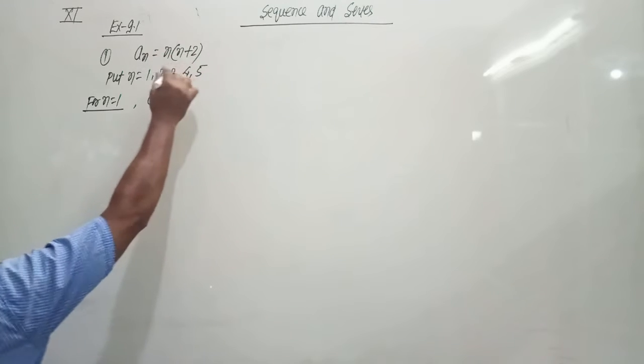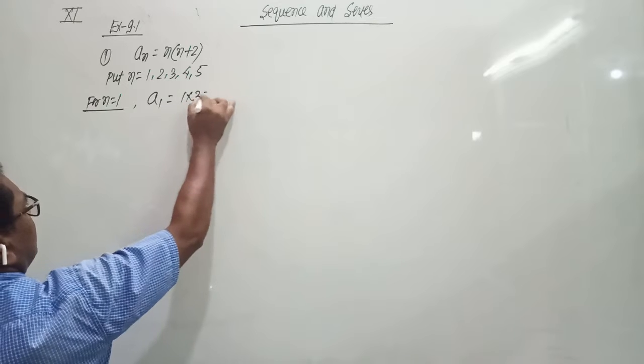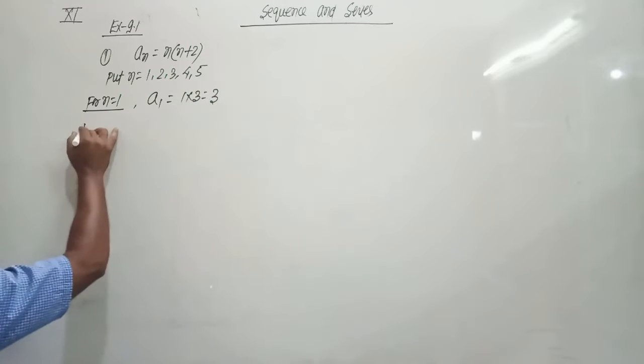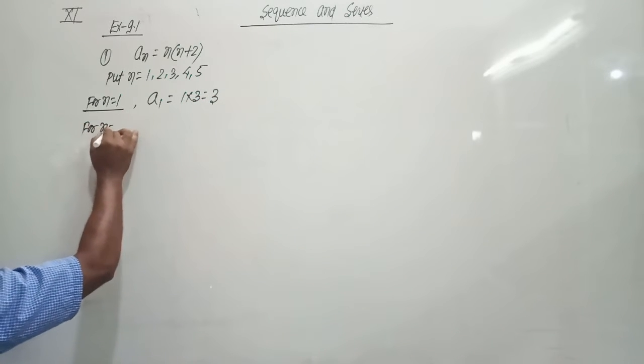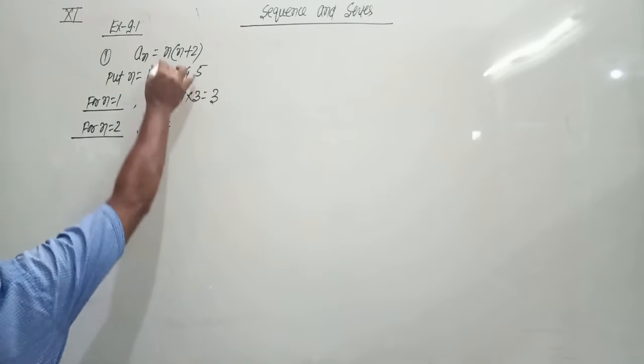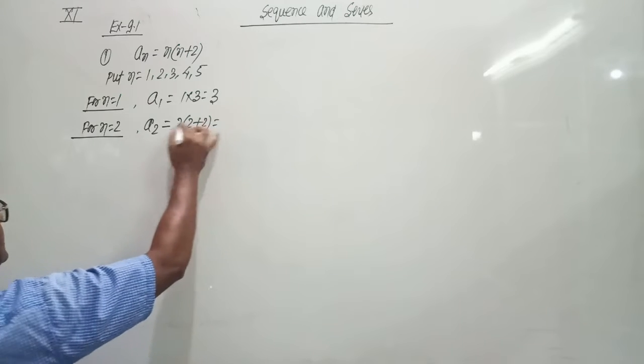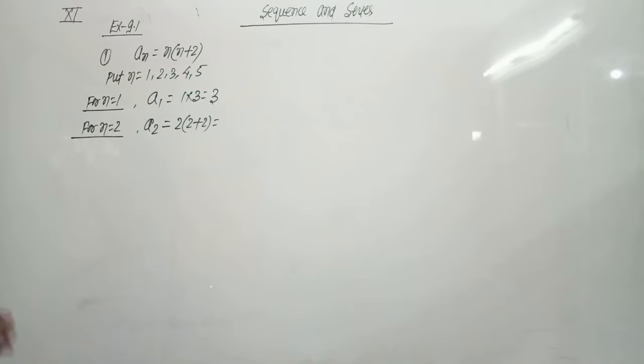At the place of n we put 1, so 1 into 1 plus 2, 3. The first term is 3. For n equals 2, we get the second term A2 equals 2 into 2 plus 2, that is 2 into 4, 8.